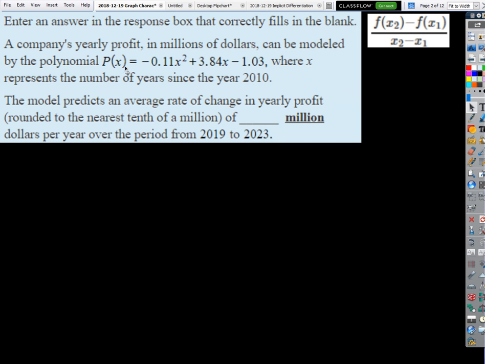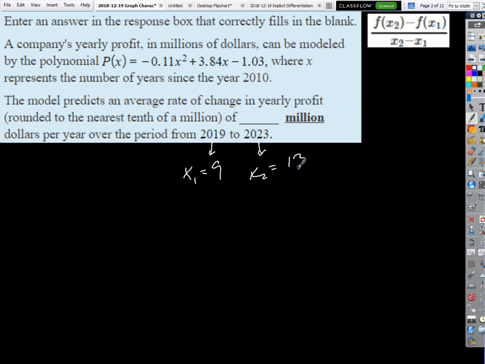The input is year, right? The year since 2010. And so let's identify, what would X1 be? What's our starting input value? 9. And X2, our final input, would be 13, okay?